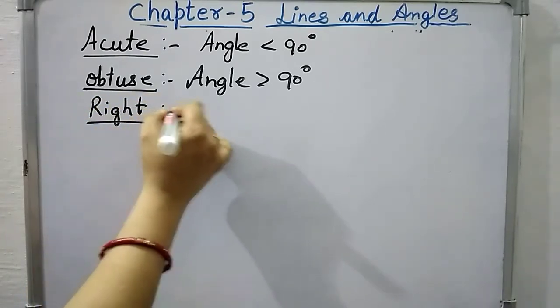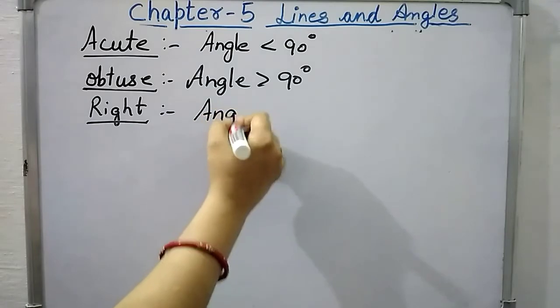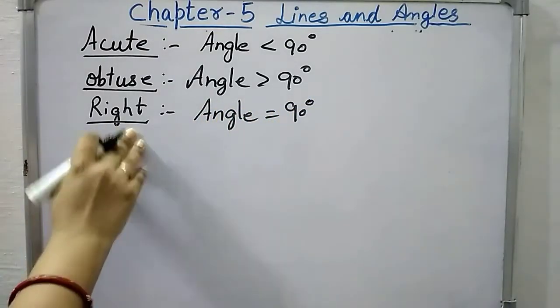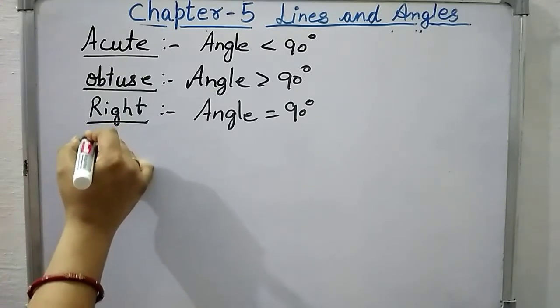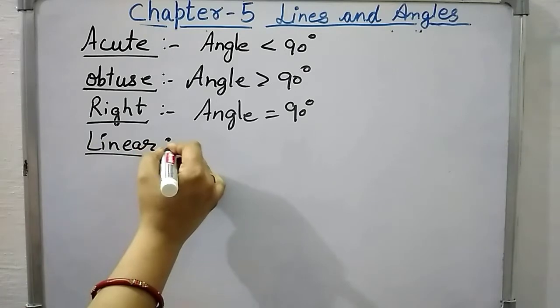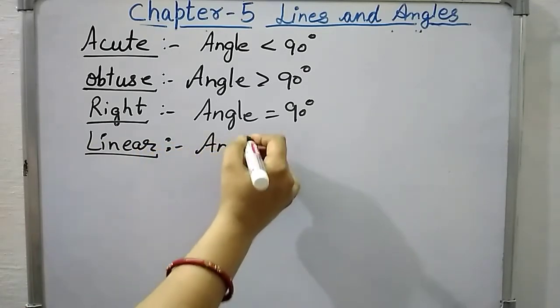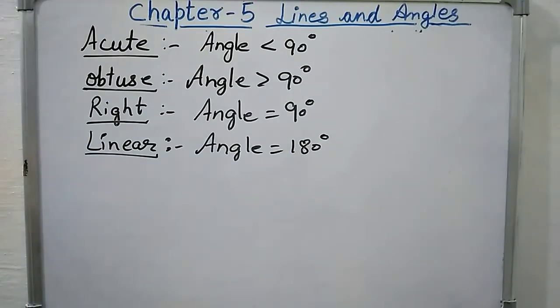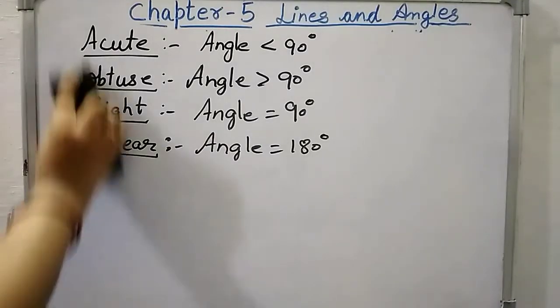Right angle, the angle which is equal to 90 degrees is called a right angle. Then we have linear angle, that is, an angle equal to 180 degrees is called a linear angle. Now we will learn related angles.